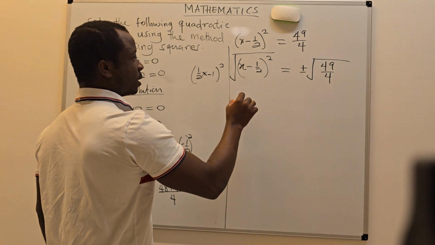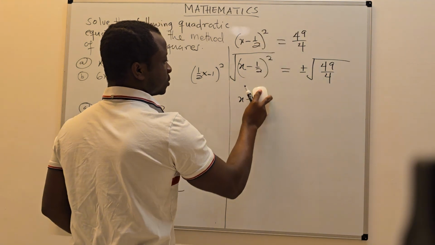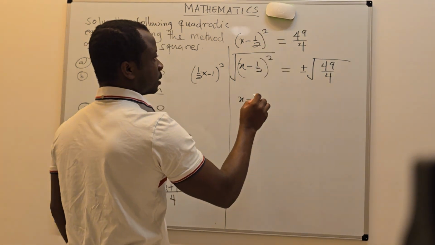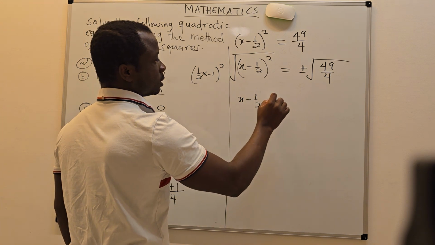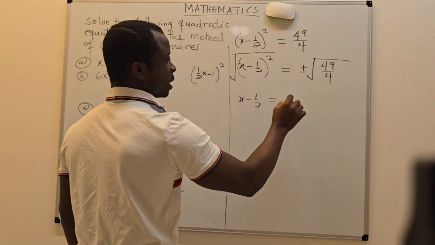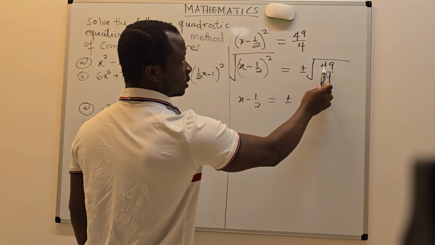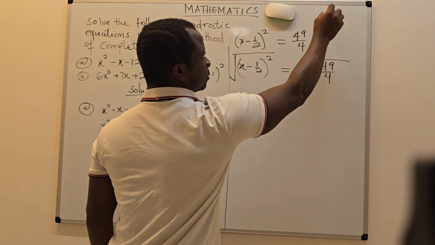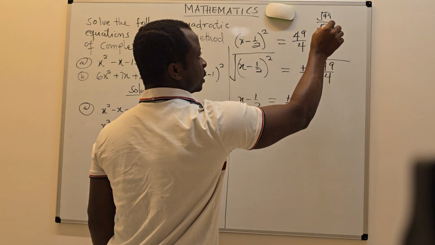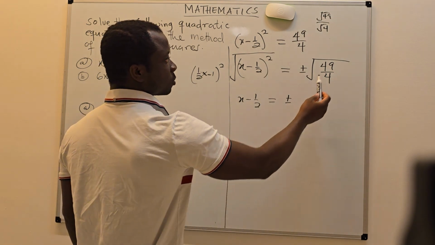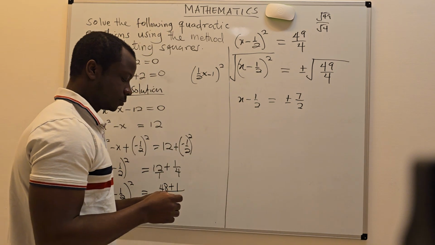So we are going to have x minus 1 over 2 equal to plus or minus square root of 49 over 4. So this one is the same as square root of 49 over square root of 4. That's the same thing. So square root of 49 is 7, and square root of 4 is 2.